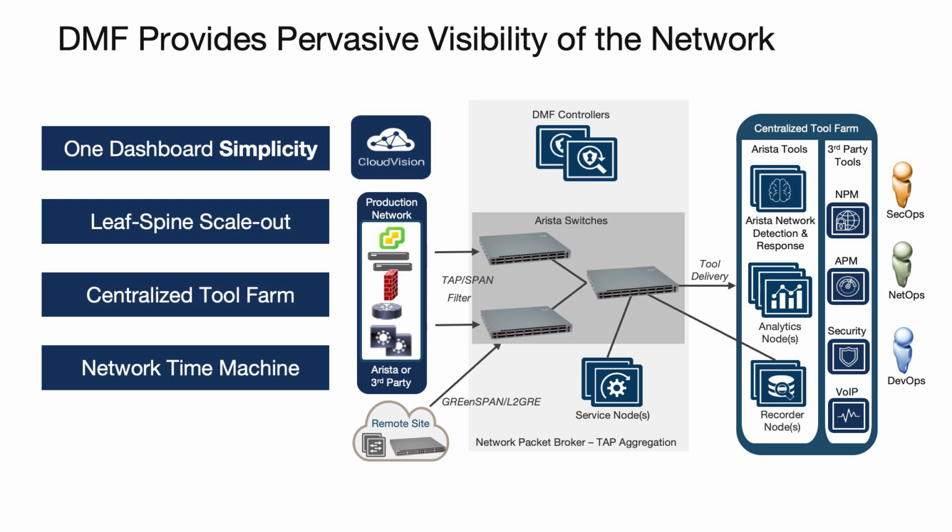So now you can achieve that centralized tool farm, helping to reduce costs as well as gain better visibility. Organizations can use DMF to provide this network monitoring to multiple groups of users. And so now you have one network packet broker solution, which helps reduce costs of multiple NPB systems throughout the network.